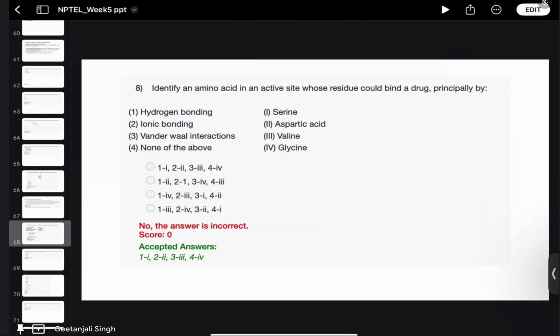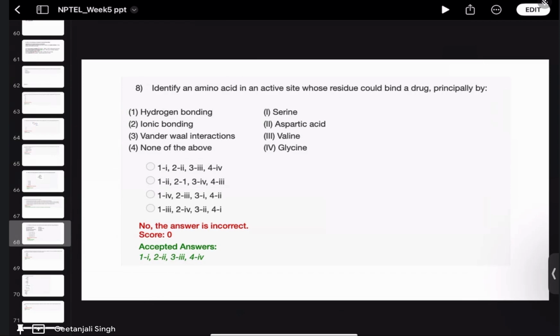Identify an amino acid in the active site whose residue could bind to a drug principally by hydrogen bonding. So you have to remember the structure of amino acids for this one. Serine, there is OH in serine.